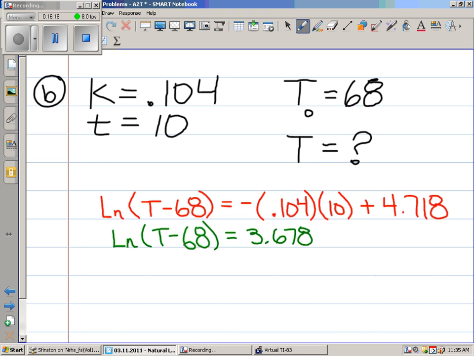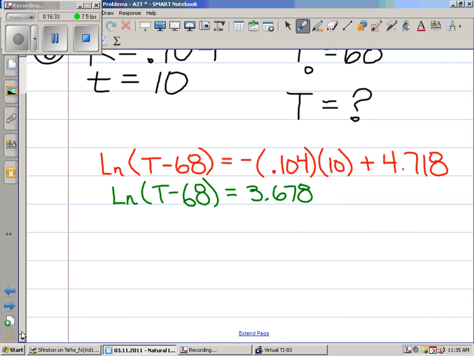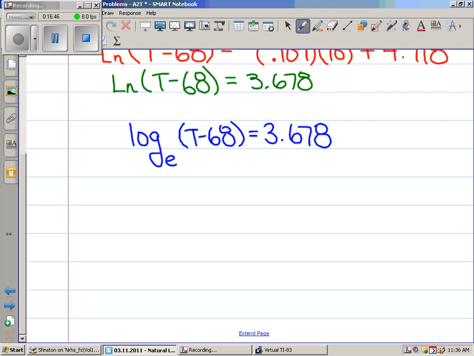We've seen this step before today. I would say we don't have to log it. Let me give you a hint. You have to transform it. What's ln represent? With a base of e. What do you have to do?